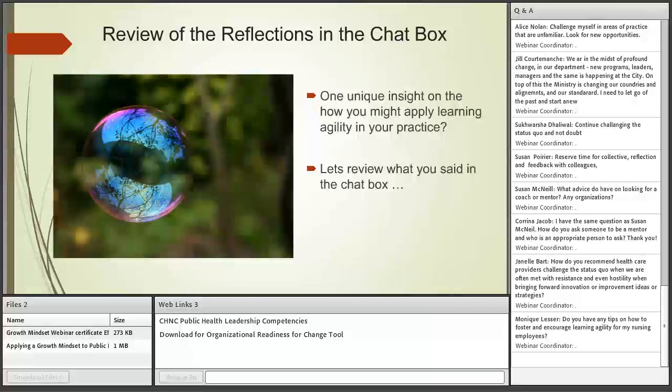And in terms of using a learning agility approach, you need to seek out feedback. Seek out your early adopters, but also seek out those people who are going to say no to everything and figure out what works for them. If you have that kind of approach, it really brings you along.